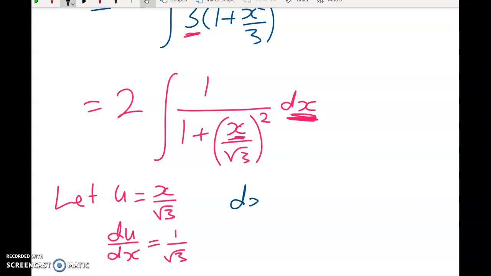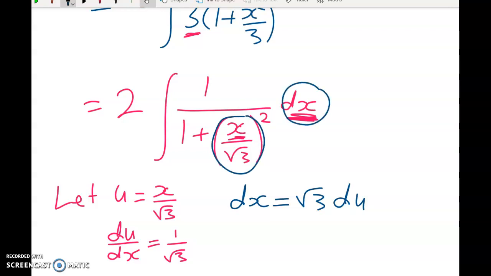So dx is equal to root 3 du. And now we're ready to do those substitutions, right? We're going to substitute u in here, and we're going to substitute in root 3 du here. So what this does is it safely does the backwards chain ruling stuff for you.